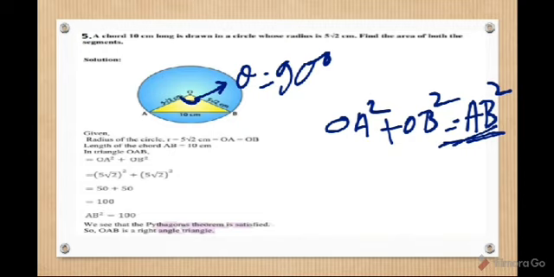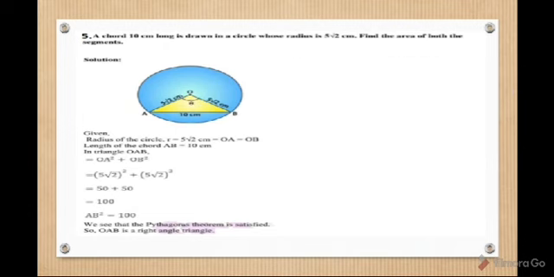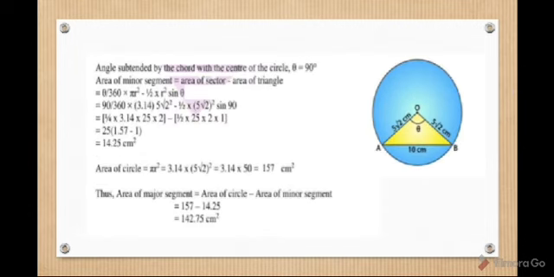Now you can find the area of minor and major segment. Okay, for the area of minor segment, it is area of sector minus area of triangle. For area of sector, it will be theta by 360 degree into pi r square, while in place of theta it will be 90 degree, and in place of r it will be 5 root 2 centimeter.